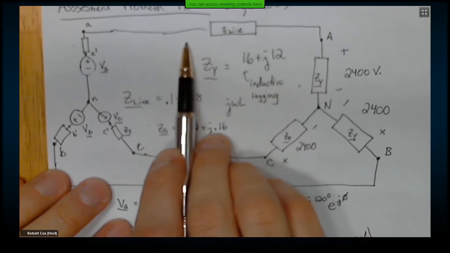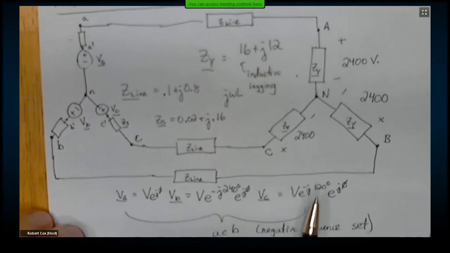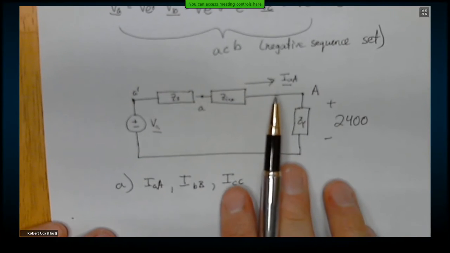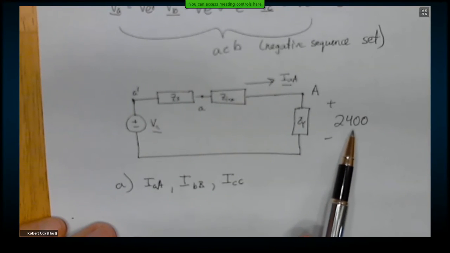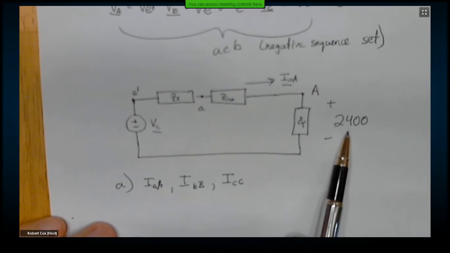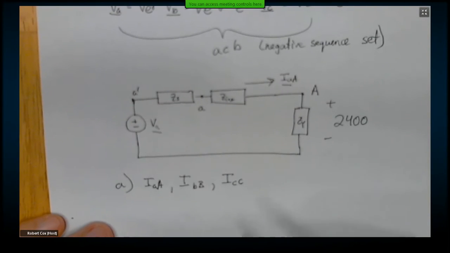That's the current here and the current there, which is the current in the equivalent single phase circuit. I've been told all the impedances. The only thing I've been told about the voltages is what this voltage is at the load end: 2400.